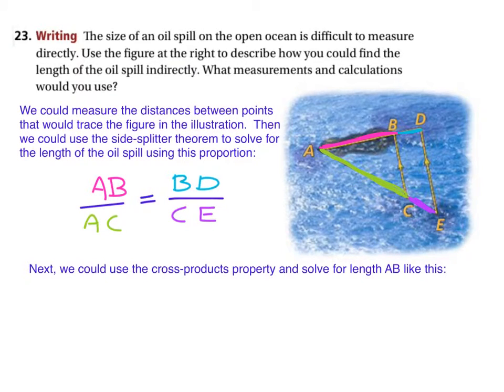We would say AB times CE equals AC times BD.